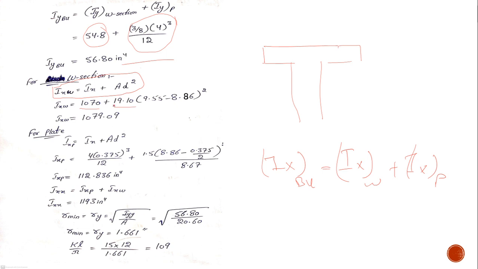And you should know why we are using this formula, Ix plus AD square, because there was no symmetry along x-axis. There was no symmetry along x-axis. However, there was symmetry along y-axis, so I just simply added these two without using this AD square formula. Whenever D comes, it means there is lack of symmetry.